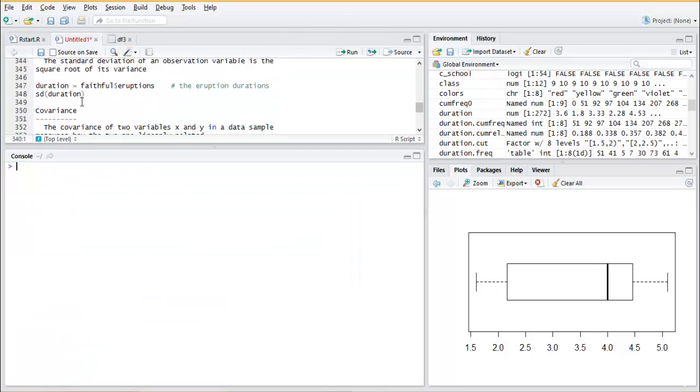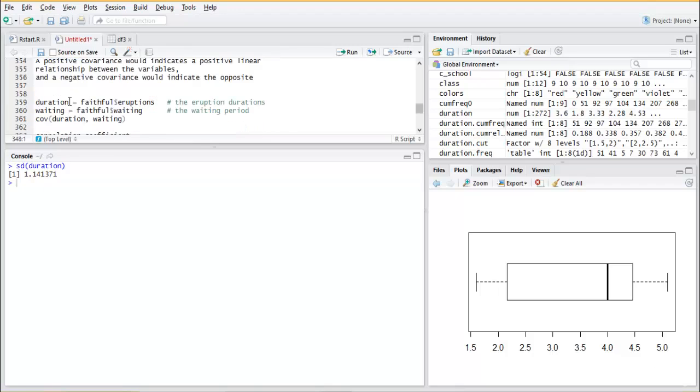For standard deviation, the function is sd on duration. Standard deviation is the square root of variance, and the value is 1.14. So the earlier value is 2.2 something, and this is the square root of the same, 1.14.